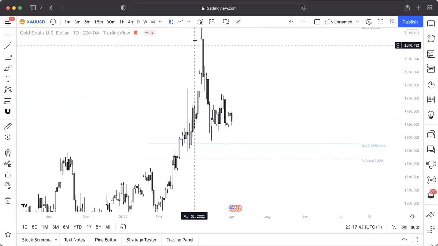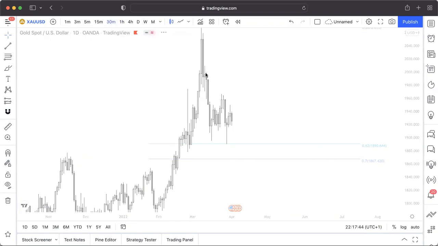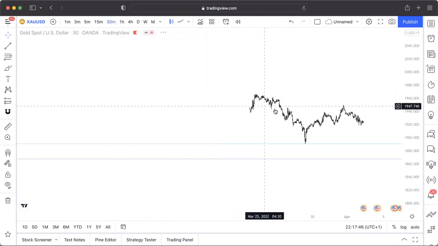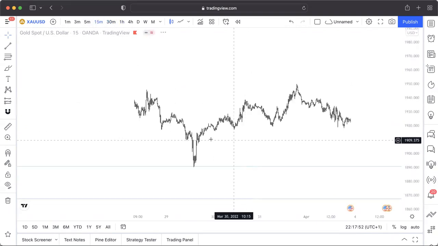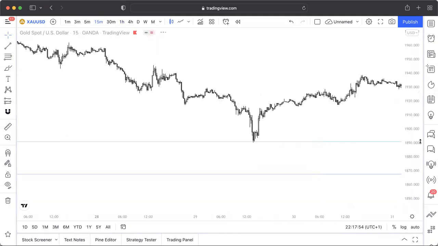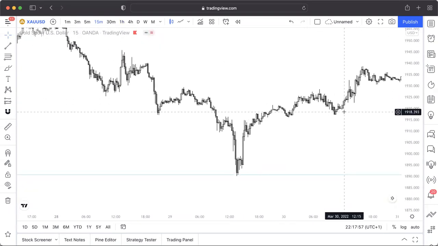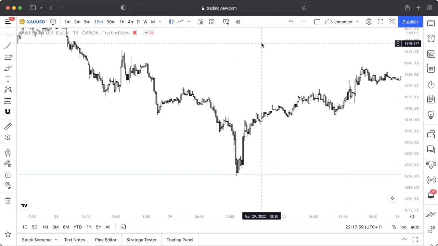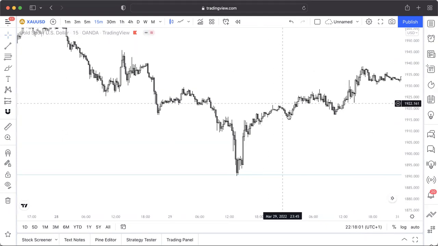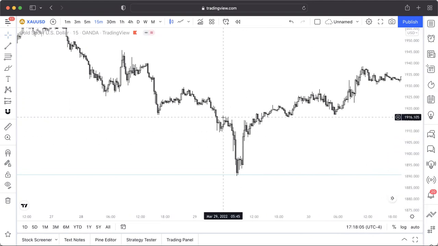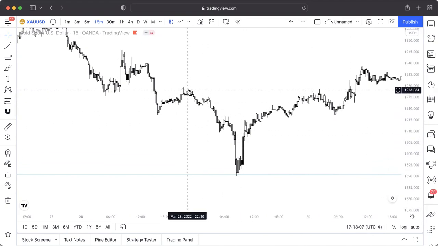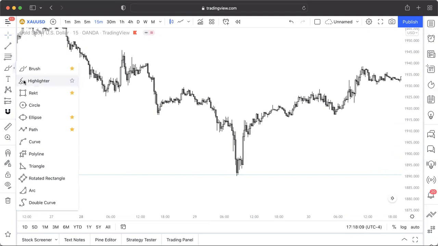It's pretty interesting. But I can go right away to the lower time frame and show you what happened here. I think it was on the 5 minutes probably. So it was pretty much the lower time frame confirmation for the reversal daily cycle. Obviously switch your chart to New York, and you will see that this is the range.